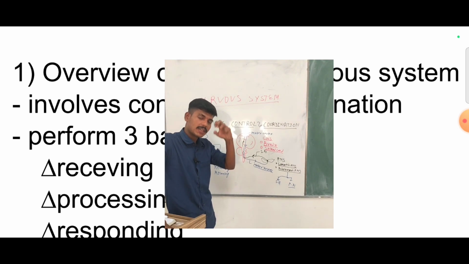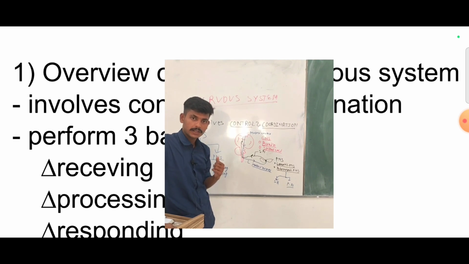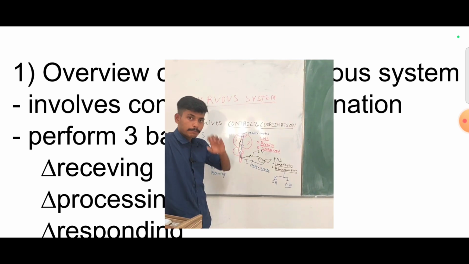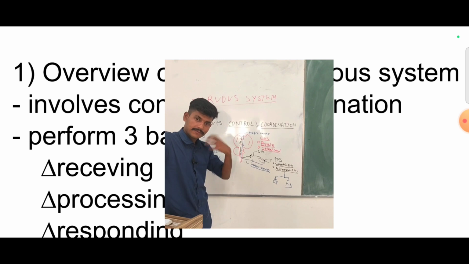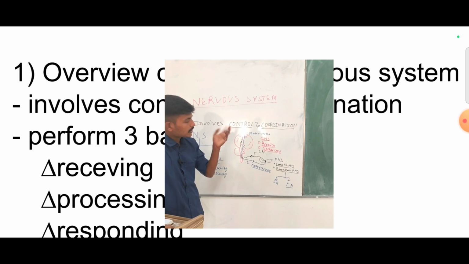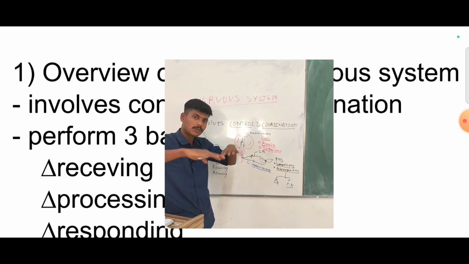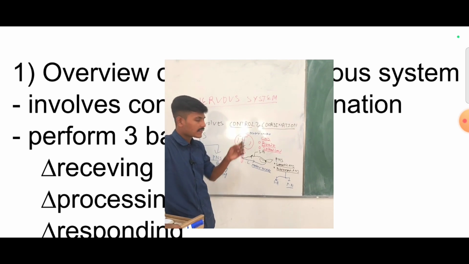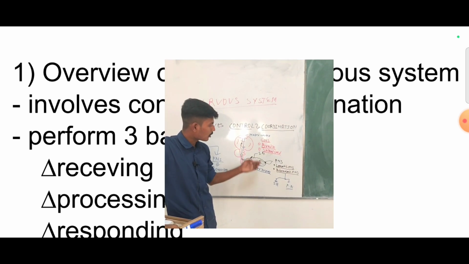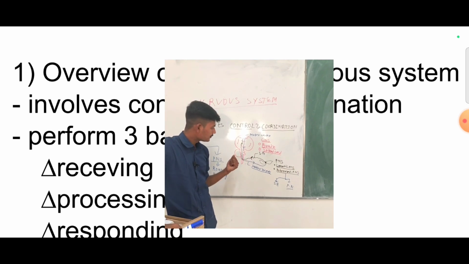First, they receive the information from the body parts and the external environment, and then they process that incoming information. They analyze, they make coordinations, compare and contrast with previously stored information, then they make a link, and then they generate a response. That response is called the motor response.